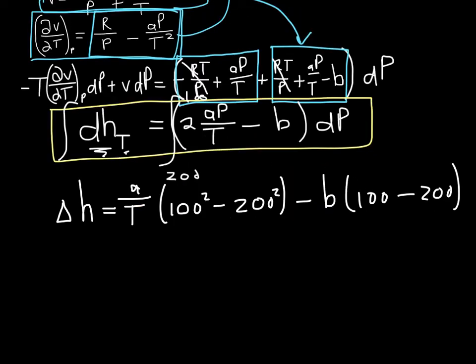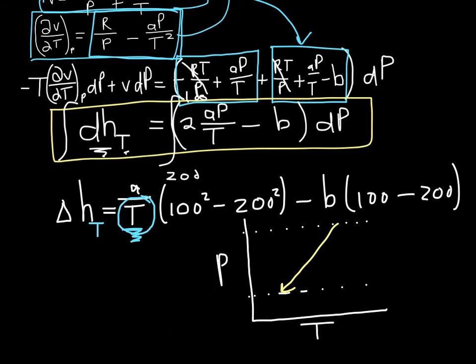The only tricky part is to remember that we now must substitute the temperature at which we are busy considering this change in state at constant temperature. So since we already changed the temperature from 650 to 300 Kelvin, it implies that in this last step that we are now busy calculating, the temperature that we must substitute in here must be equal to 300 Kelvin.